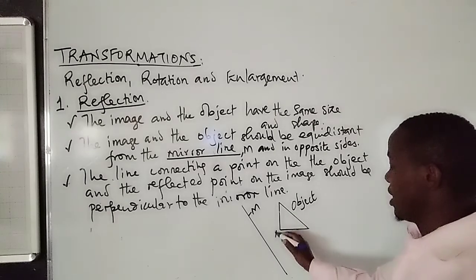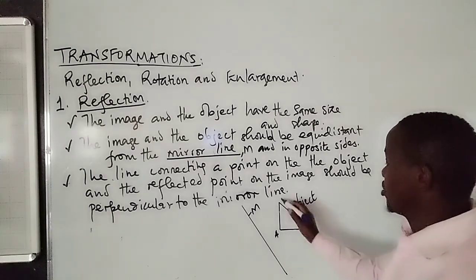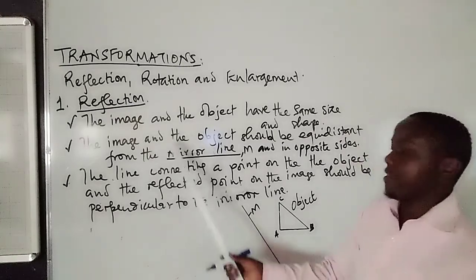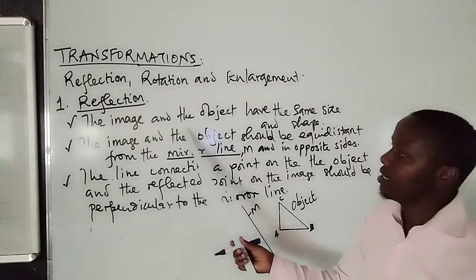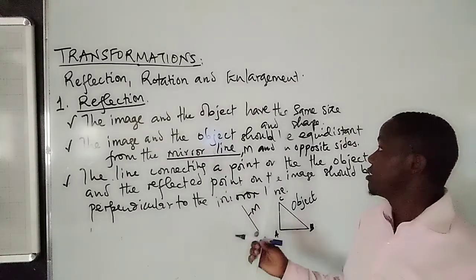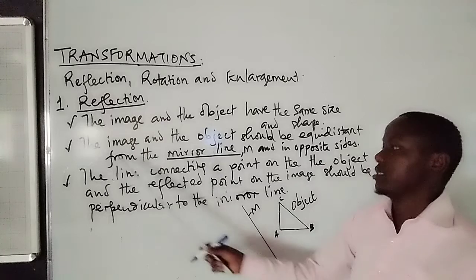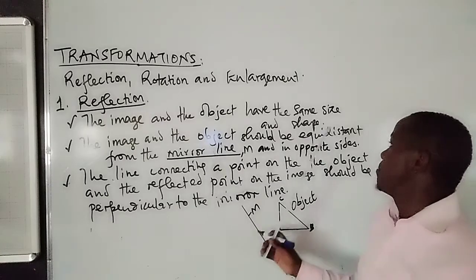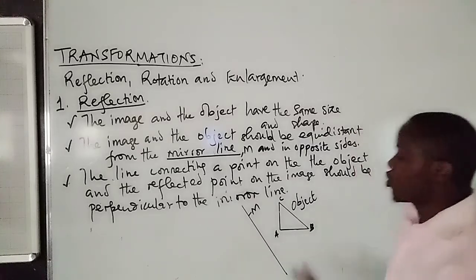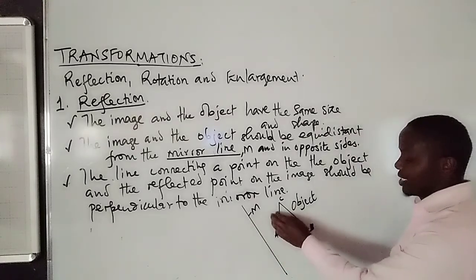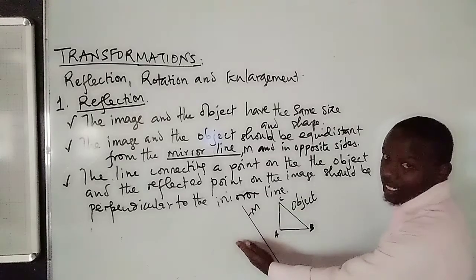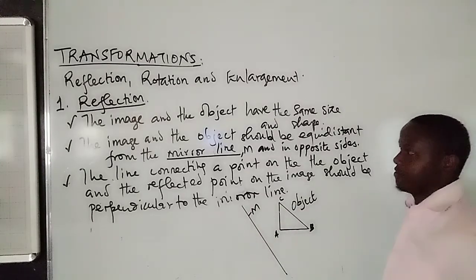Let's say it has points A, B, and C. So if you want to reflect, you should note that the three are very key. Image and object having the same size and shape. Image and object being equidistant from the mirror line and on opposite sides. So if we have the mirror line here and the object is here, definitely the image should go on the other side. That is the rule of reflection.